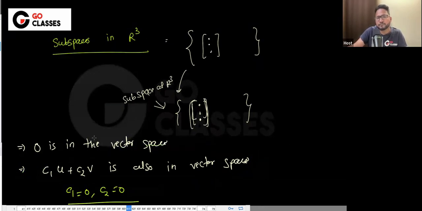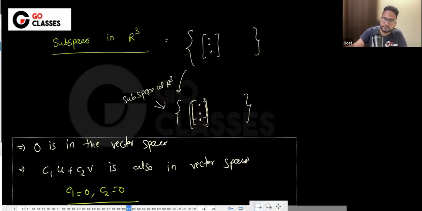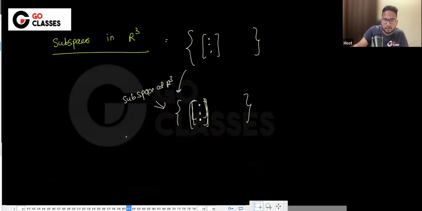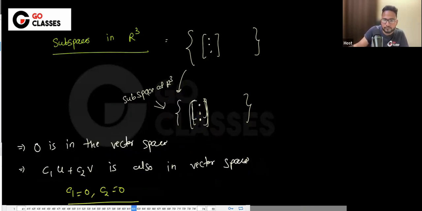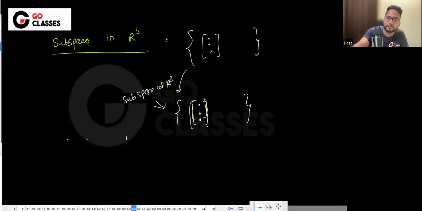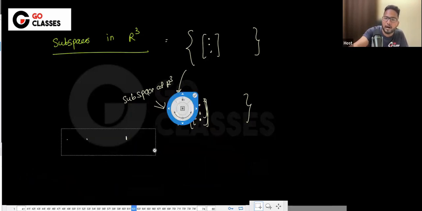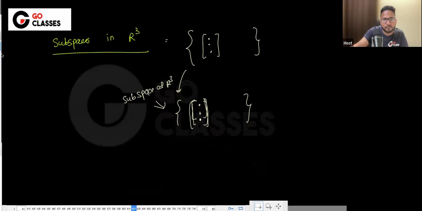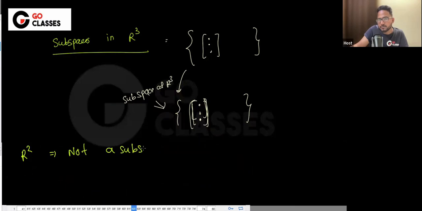Anyway, let's see what the subspaces of R3 are. Tell me, let me start with R2. Is R2 a subspace? Not a subspace, right? We have already seen this.